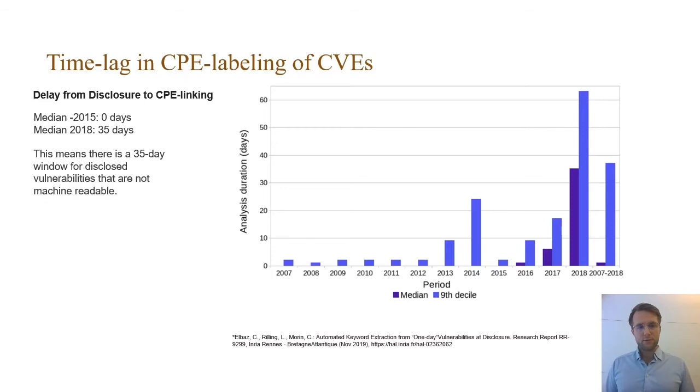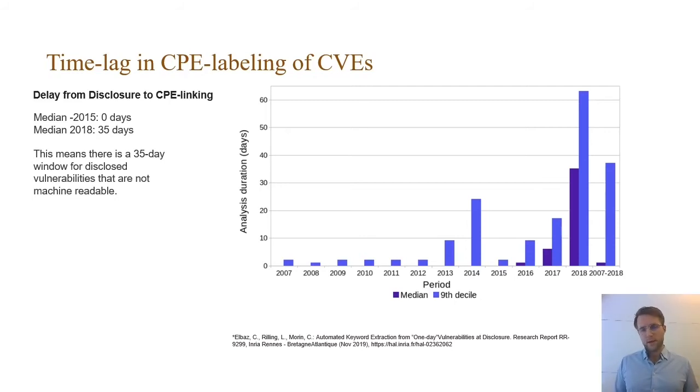But from 2018 and ahead, this delay has increased a lot. So CVEs are disclosed and publicly available without a machine-readable link to a CPE that can be linked with software composition analysis. So this poses a challenge where the vulnerabilities are publicly known and disclosed, but the tools cannot find them.